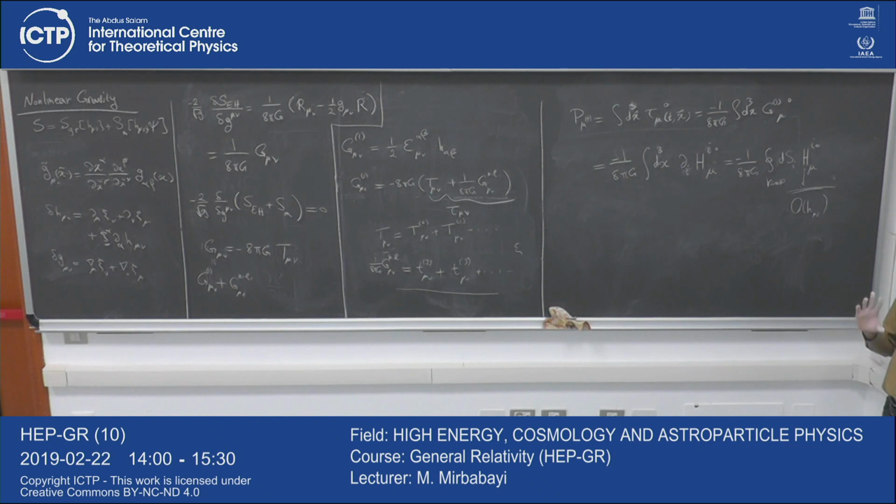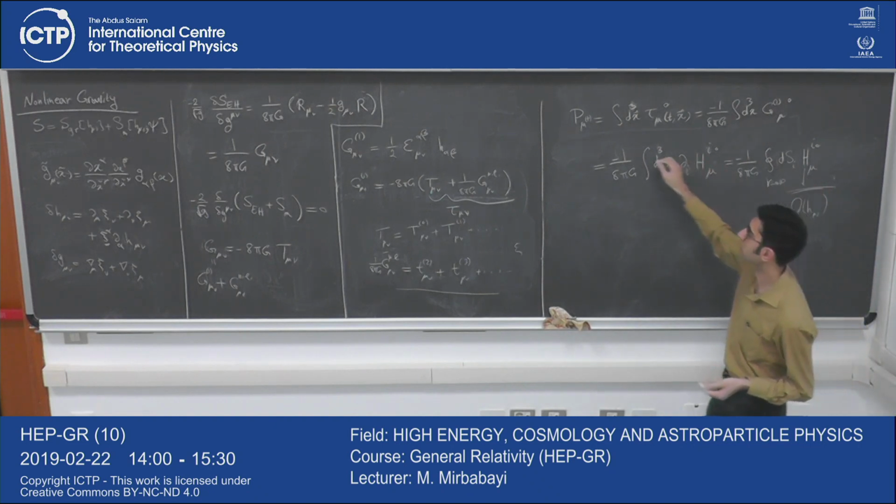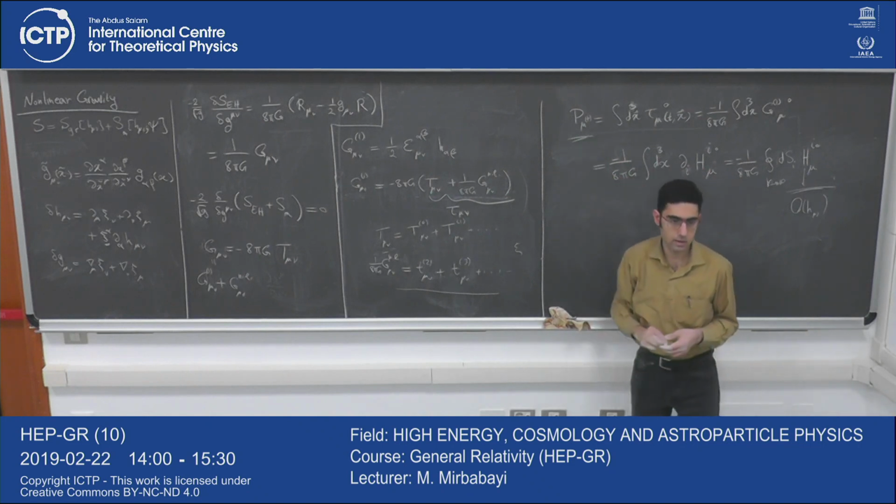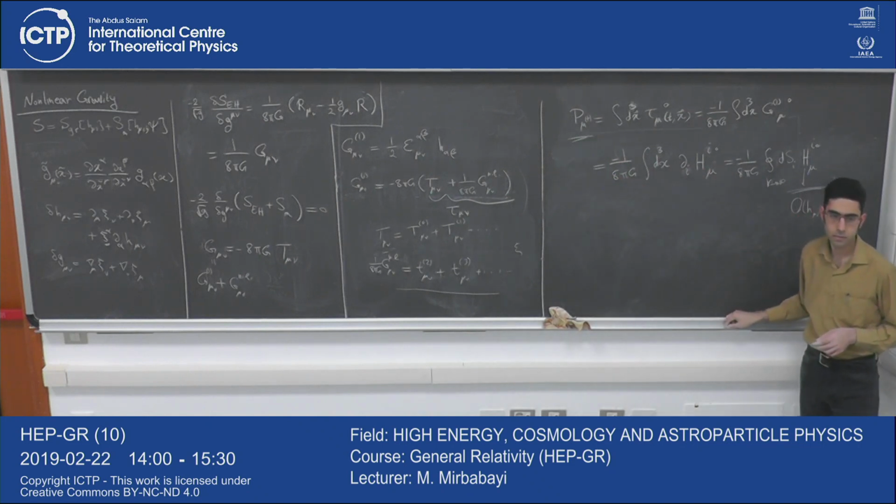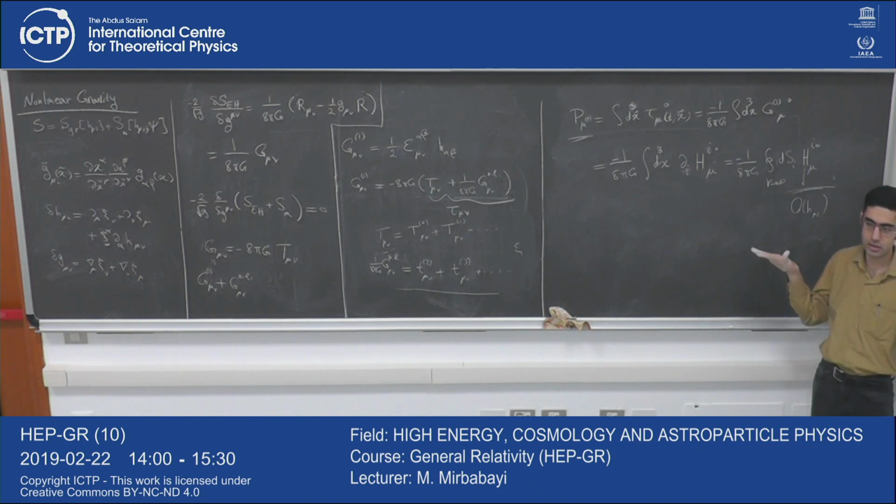Moreover, in this linearized regime, H mu nu was just a rank 2 Lorentz tensor that lives on Minkowski spacetime. So now it's not surprising that the P mu that we get here is a Lorentz vector that lives on this asymptotic space.